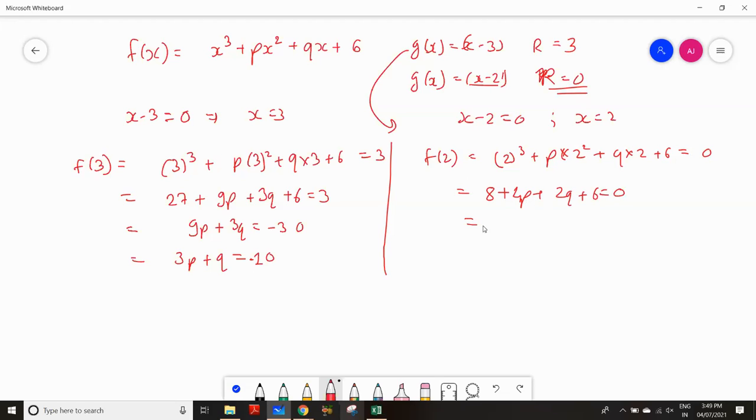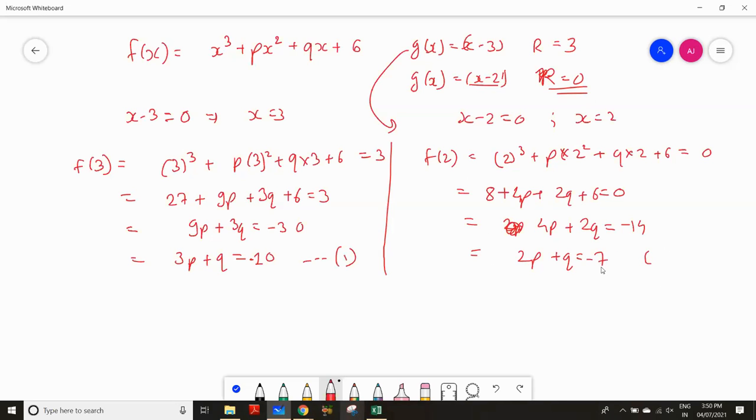Now 8 plus 6 equals 14, and it goes to the other side, so 4p plus 2q equal to minus 14. Dividing all the terms by 2, it becomes 2p plus q equal to minus 7. So this is the first equation and this one is the second equation.